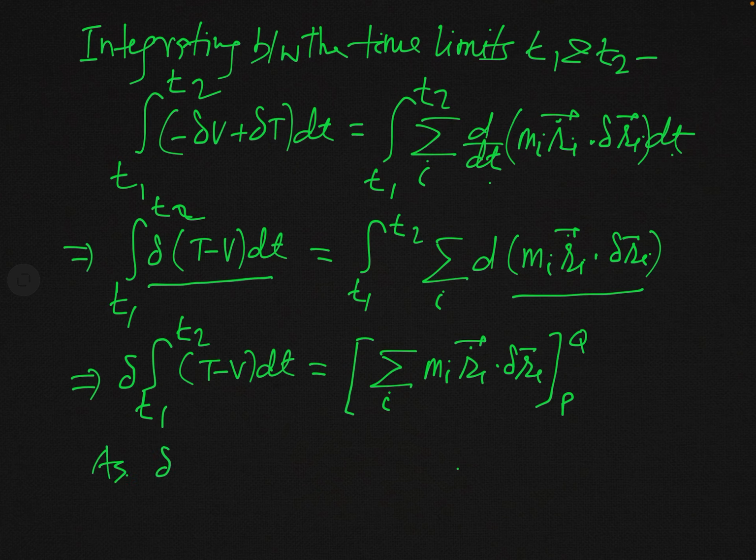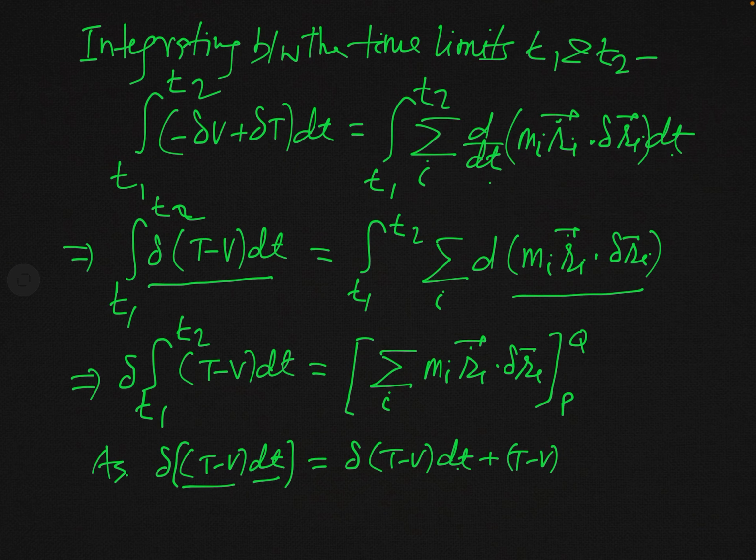When you write delta t minus v dt, let us suppose that this is actually the product of two functions, t minus v and dt, on which this operator delta is operated, and this can be written as delta of t minus v times dt plus t minus v delta of dt.